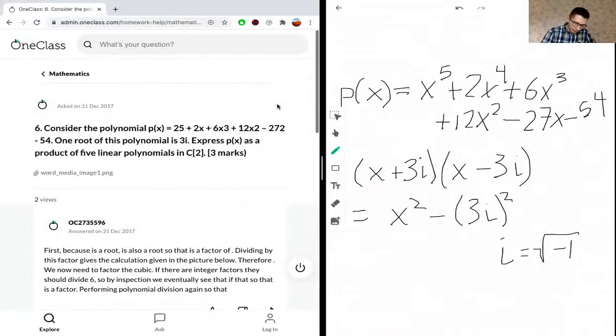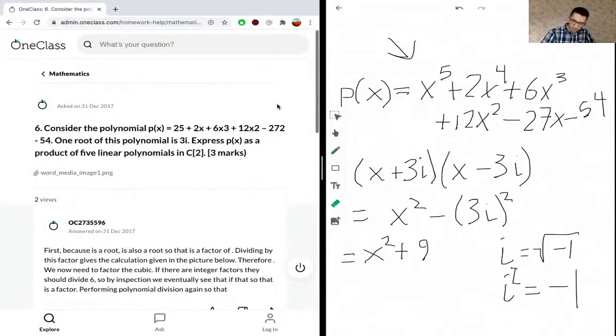So here we can say x squared minus 9, so 3 squared, times i squared, which is just -1. And then since we have 9 times -1, we can just turn this into a positive sign. So we have x squared plus 9, and we know that we can factor that into this polynomial to get the roots positive and negative 3i.